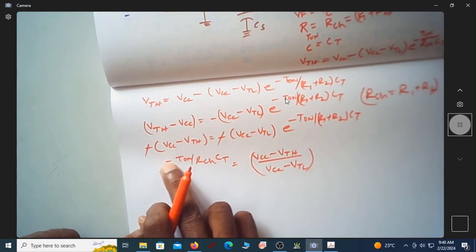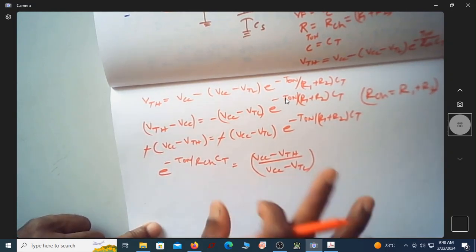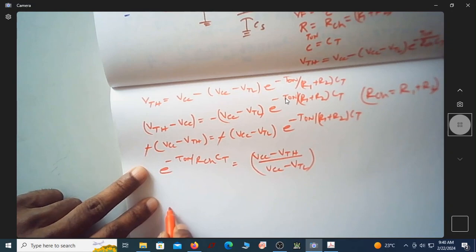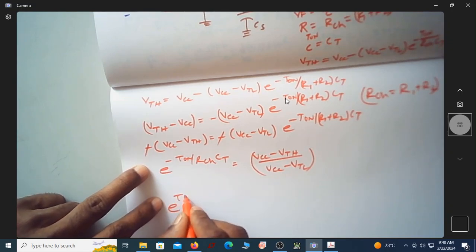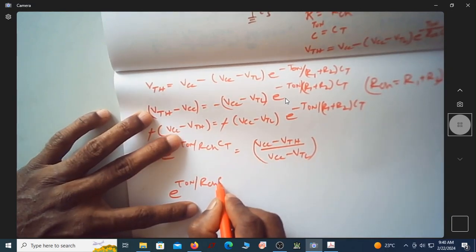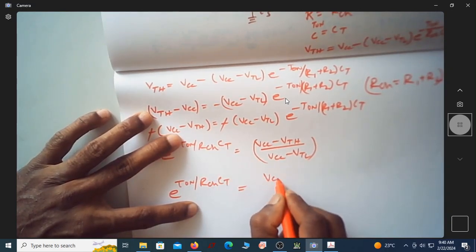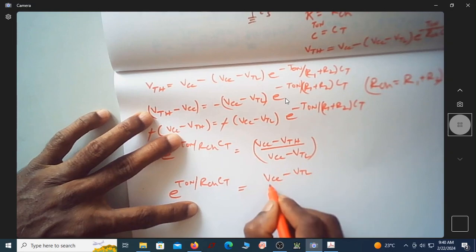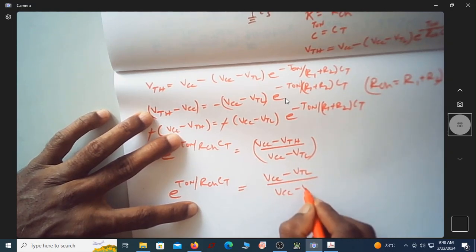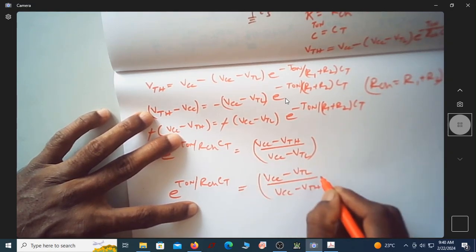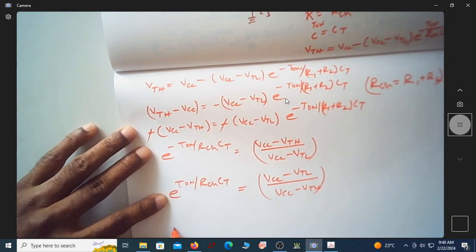Since there is a negative sign, I can make this positive and take the reciprocal. I will write it as e power T on by R charge into CT is equal to VCC minus VTL by VCC minus VTH. So now what is T on by R charge into CT?